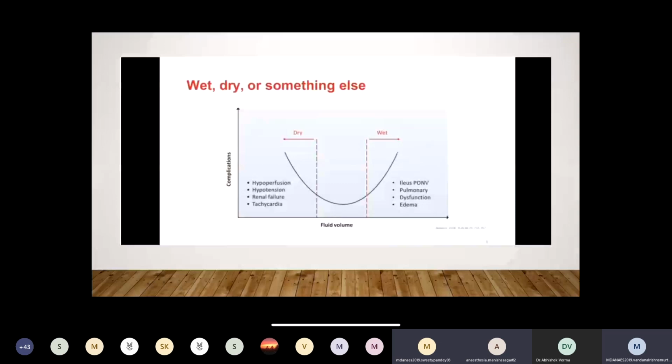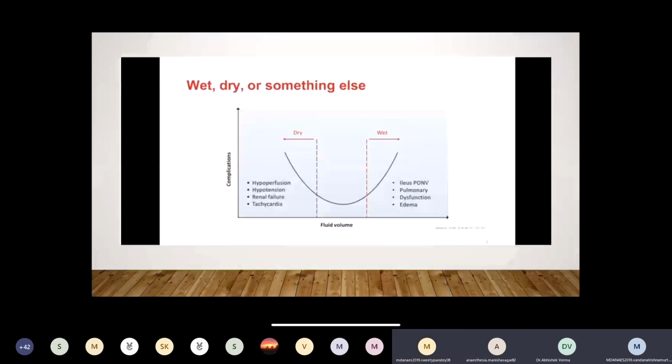And if we overload the patients, then these patients can experience post-op nausea, vomiting, and pulmonary edema. What will happen to the lungs? What will happen to the intestine? For example, if it is a major abdominal surgery, what will happen if we overload the patient? If there is overloading, it can cause pulmonary complications.